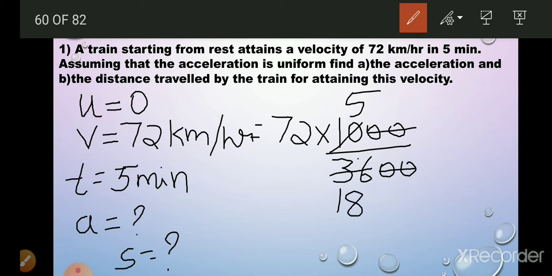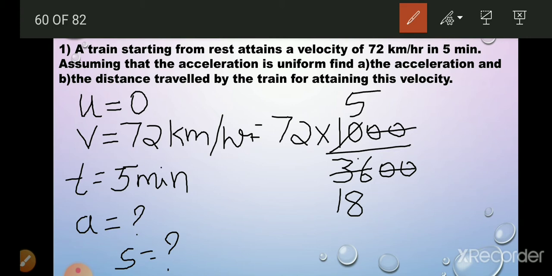So 72 into 5 by 18. If you multiply 72 by 5 by 18, you can convert it into meter per second. So 1000 divided by 3600 is equal to 5 by 18. In future problems you can use this directly.